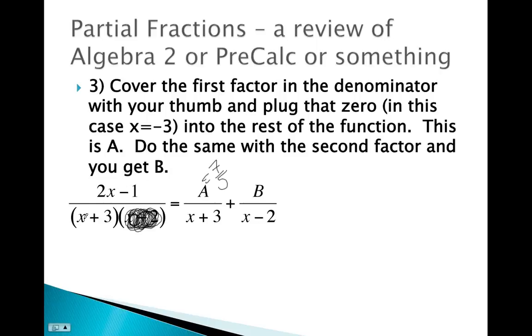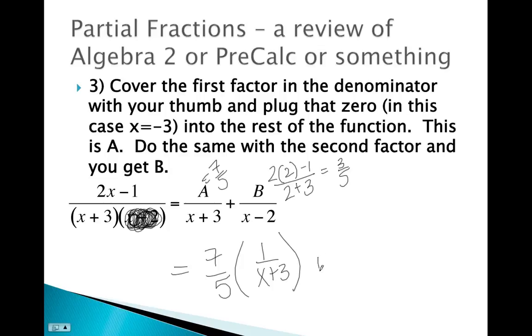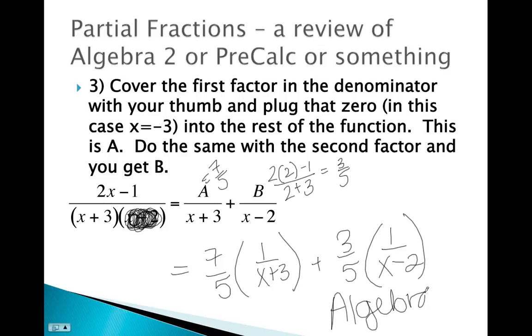And I plug in 2 to everything else. So 2 times 2 minus 1 over 2 plus 3. What do you know? 3/5. So this is equal to 7/5 times 1 over x plus 3. That's my A. Plus 3/5 times 1 over x minus 2. That's my B. Again, this is still algebra. We've done no calculus, but this allows us to do the calculus.